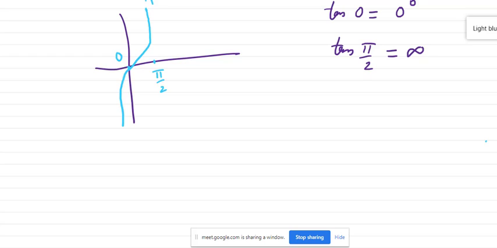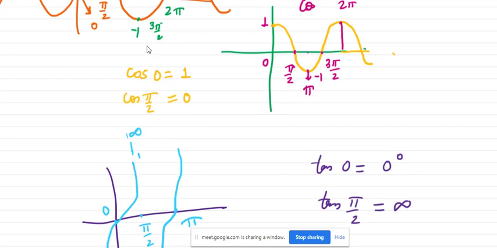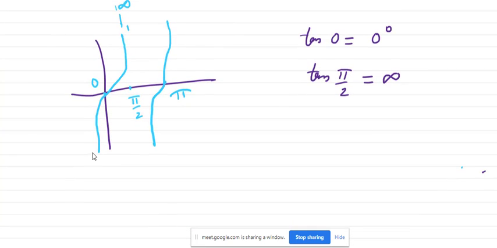Then for pi again the value comes 0, so the graph for tan comes like this, then it will just go like this. So it's not continuous like sine and cos. You have seen the graph was continuous for all the values, but here the graph is breaking.